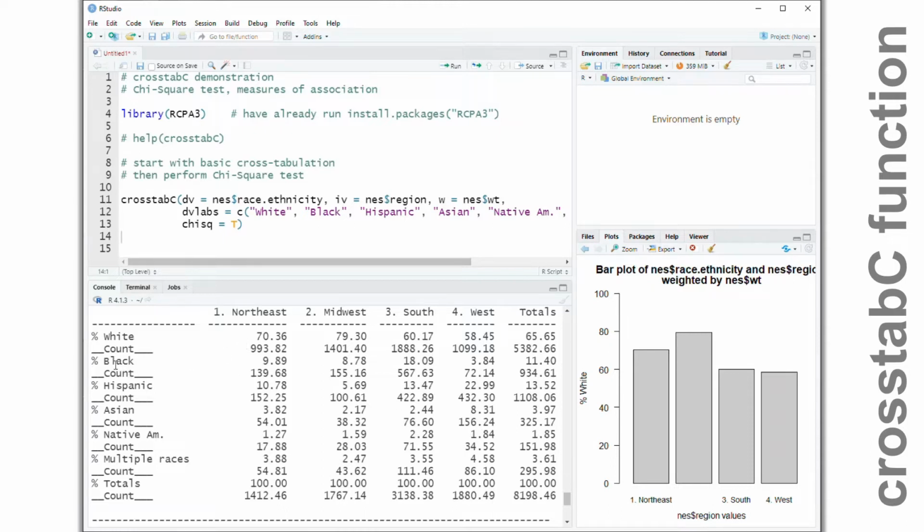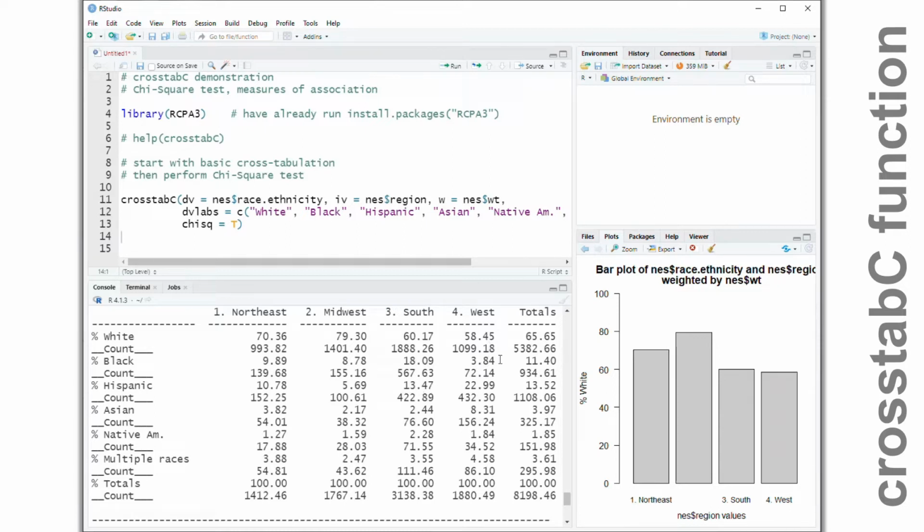That's why, like when I looked at the percent black across the country: 9.89, 8.78, 18.09, 3.84. These are the values. So that means actually the frequencies, but the cells of the table are the data points for the chi-square test.